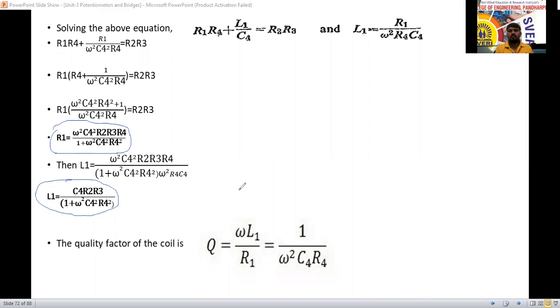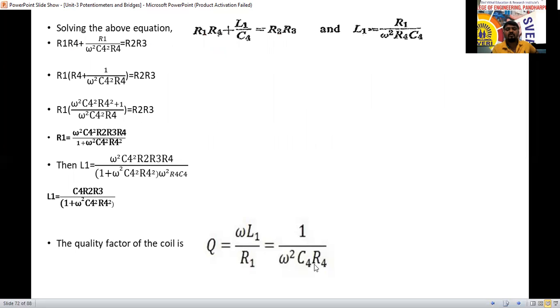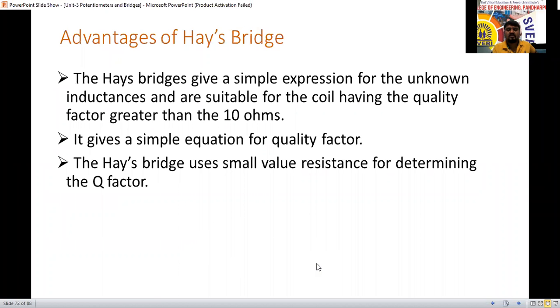No. Okay. So we'll go for the next topic. One more bridge is there, that is same like this one only, but a little bit complicated. Instead of series capacitance we have, so some advantages are there. It is applicable for a quality factor greater than 10 here. Now it gives a simple equation for quality factor: 1 divided by omega square C4 R4, that last fourth branch resistance and capacitance it is going to use.